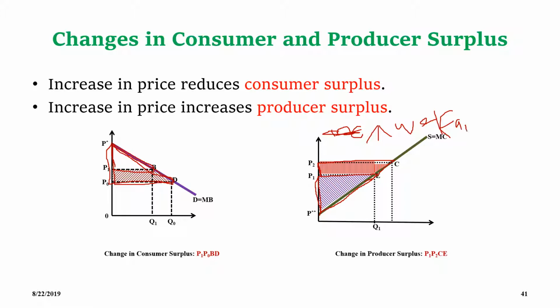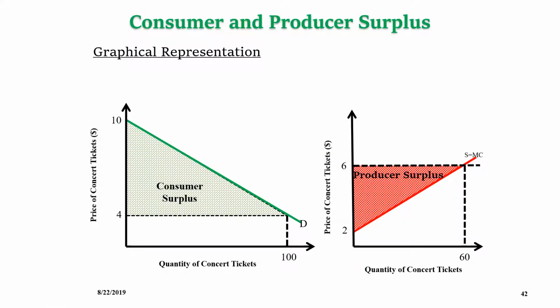Now remember, when the price increases, for the consumer there is a decrease in welfare. Welfare falls. If I go to the market and the price all of a sudden increases, that means my welfare has fallen. So that's the idea. So let's look at the consumer surplus here.